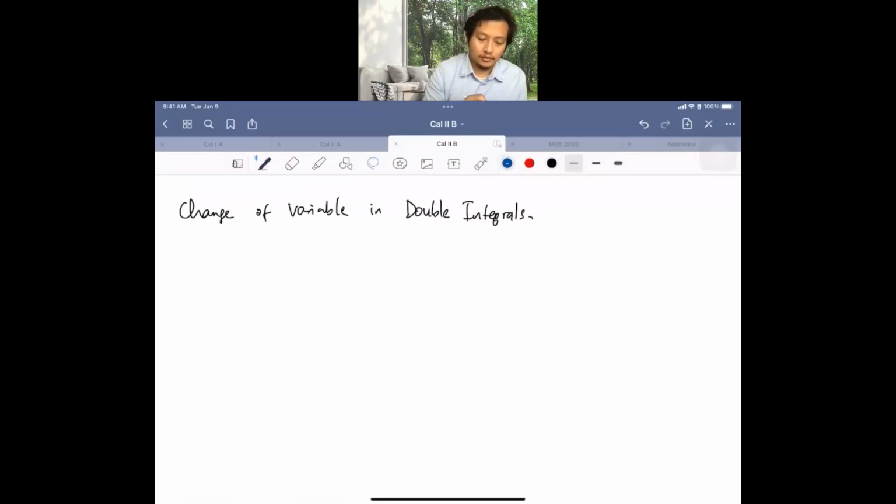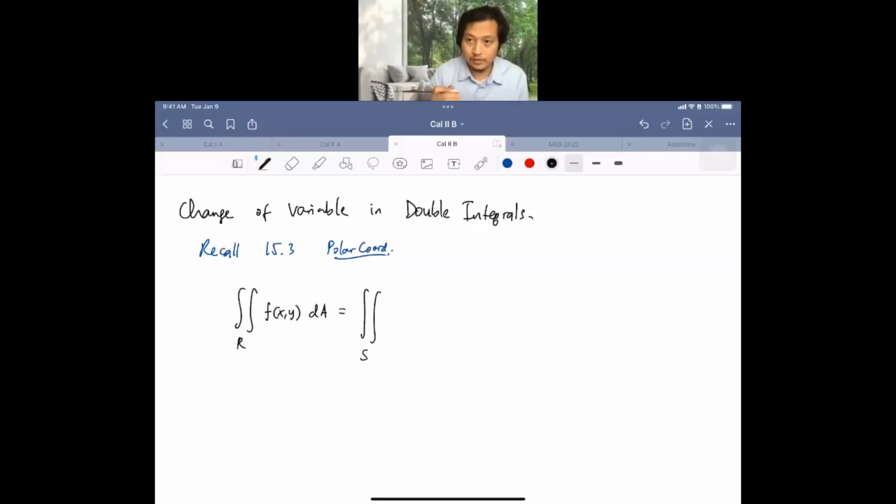Okay, recall 15.3, the polar coordinate, right? The double integral in polar coordinate. We have the double integral and function of two variables over R, and we convert to another new region of polar, and we convert x into r cosine theta, y into r sine theta, and this becomes r dr d theta, right?